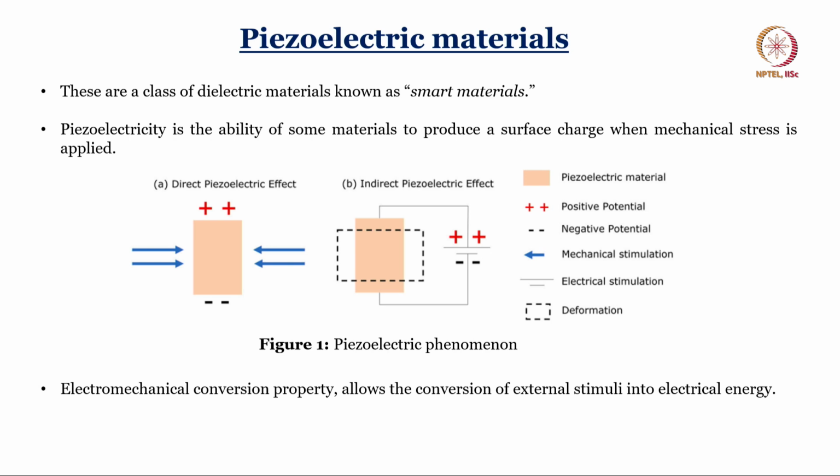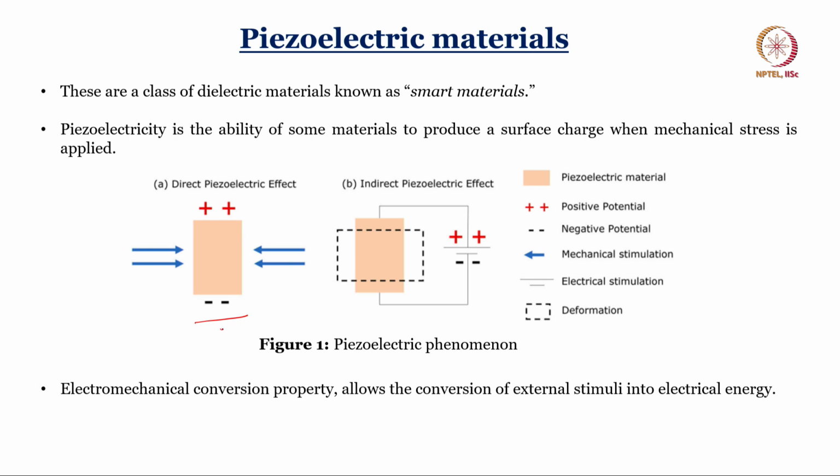This piezoelectricity can be defined as the formation of surface charge on the material whenever some stress is applied on the material. So this piezoelectric effect can be either direct piezoelectric effect or indirect. From the figure you can see here, in case of direct piezoelectric effect, the material is subjected to electrical field or electrical stress under which it will develop a surface charge that leads to the piezoelectric effect.